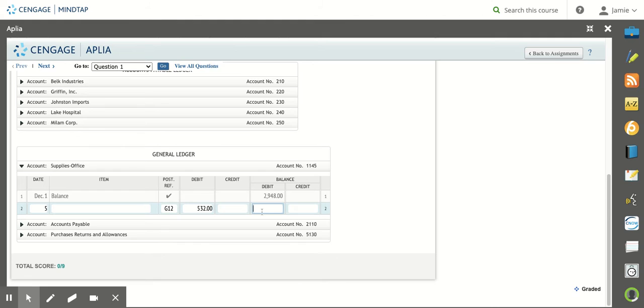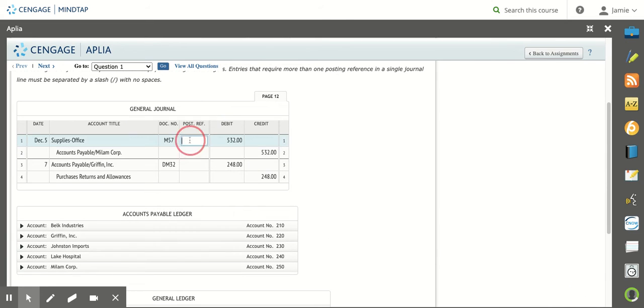So if we have 2 debits, a debit of $532 and a balance of $2,948, to update that balance, we need to add them. So our new balance would be $3,480. And we need to take account number 1145 back up into our journal.